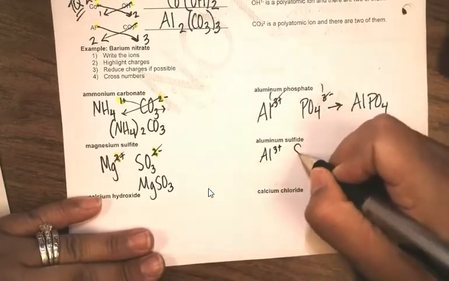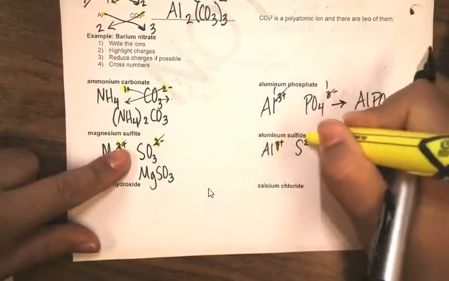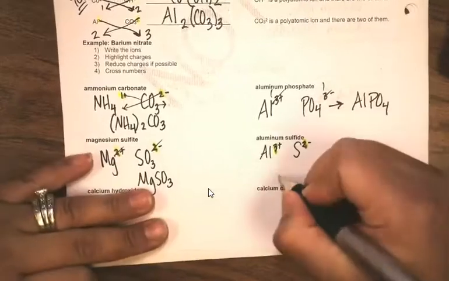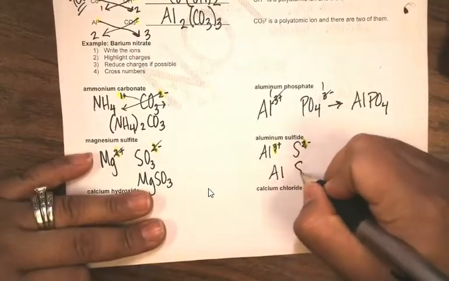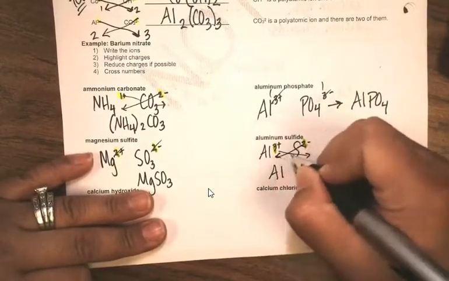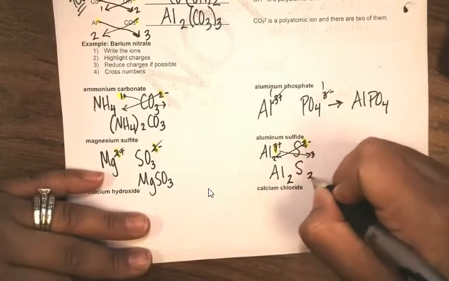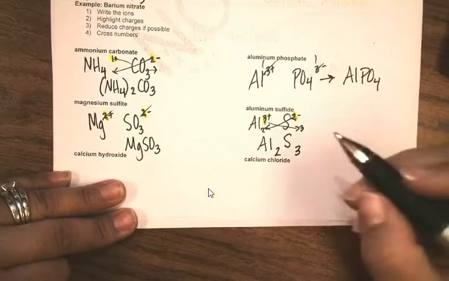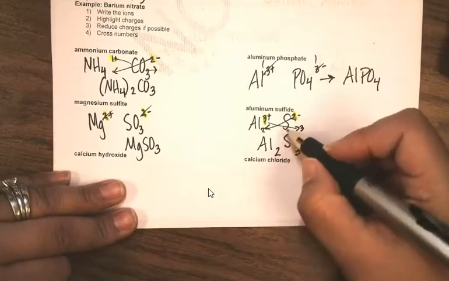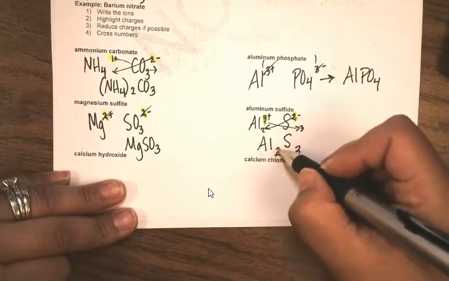Sulfide is S2- from the periodic table. 3 and 2 are highlighted. Al, leave a little space, S, right? Doesn't cancel, or can't reduce, right? So 2, 3. Do I need parentheses? No, because I don't have more than one capital letter.